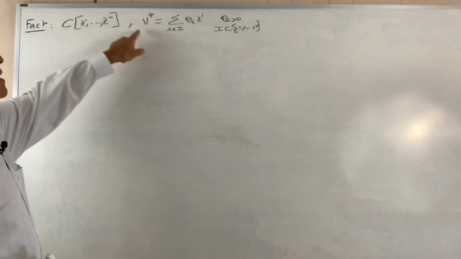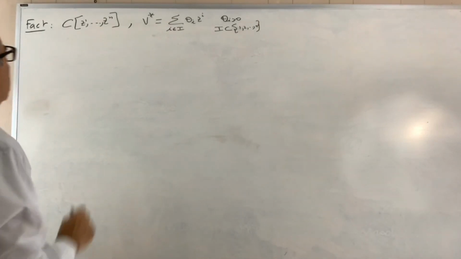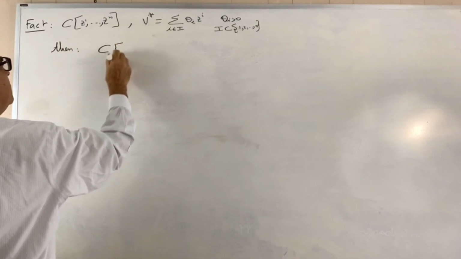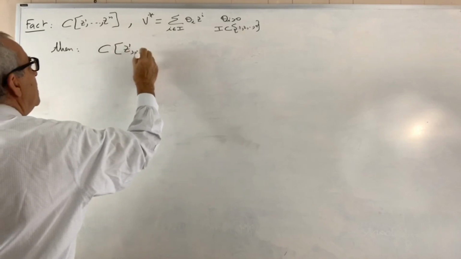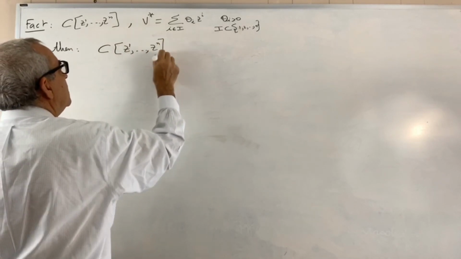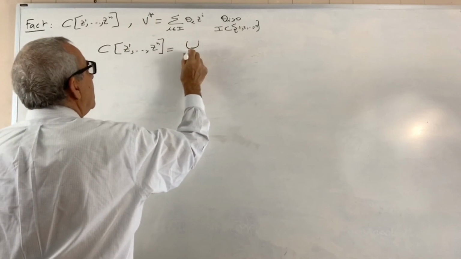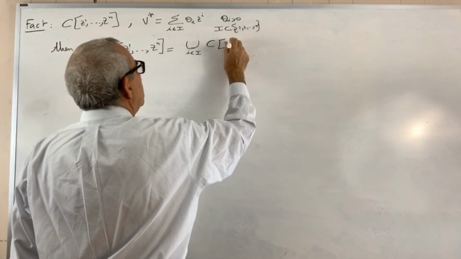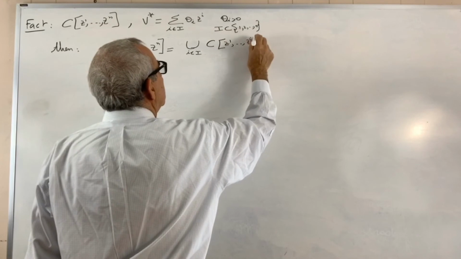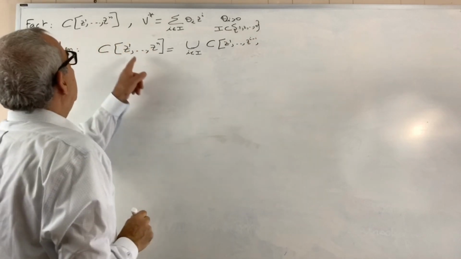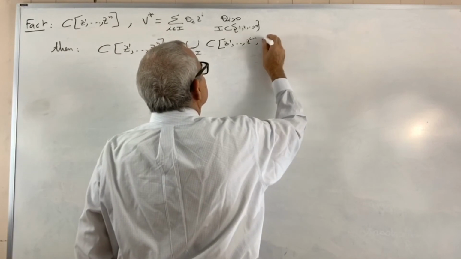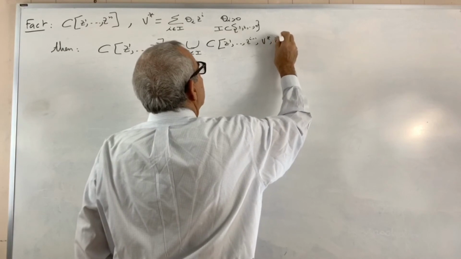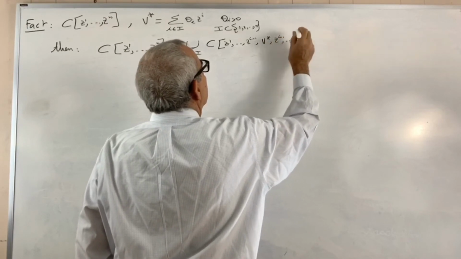Okay, any point like that. Then we can write the following, that C of Z1, etc., Zn is equal to the union over i in I of these cones, C of Z1, etc., Zi minus 1, and then I replace Zi by this vector, V star, and then Zi plus 1 and Zn.